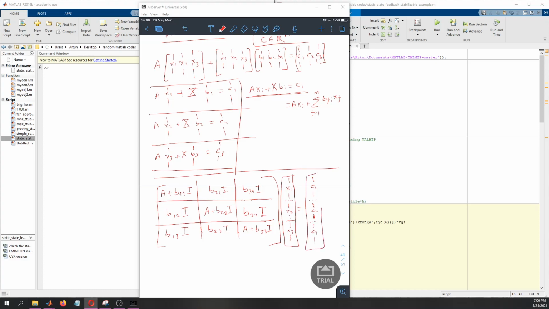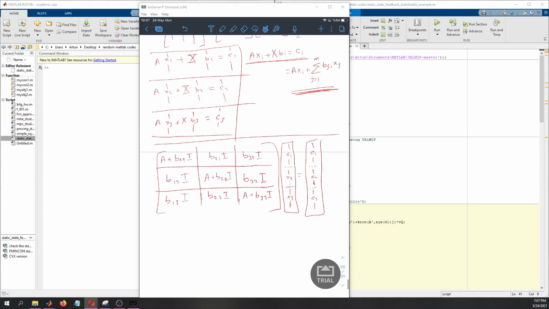So at this point we just wrote this equation in this matrix representation, and after that it all follows easily. We need to find this matrix, and we know this matrix.